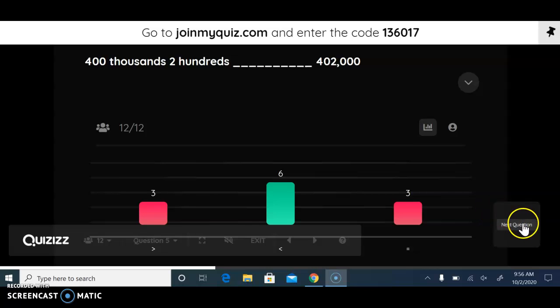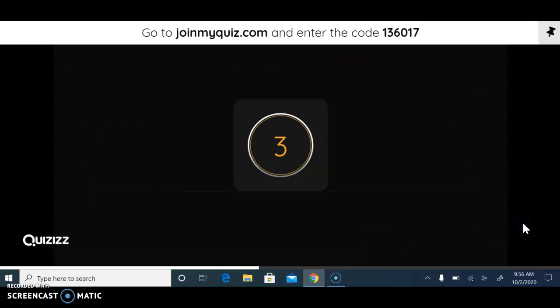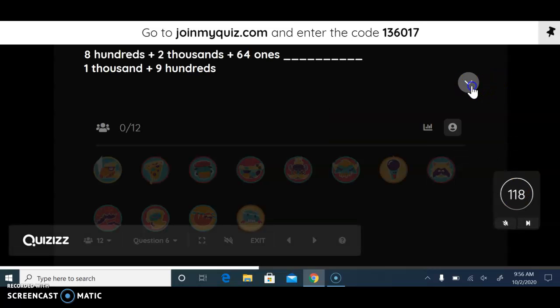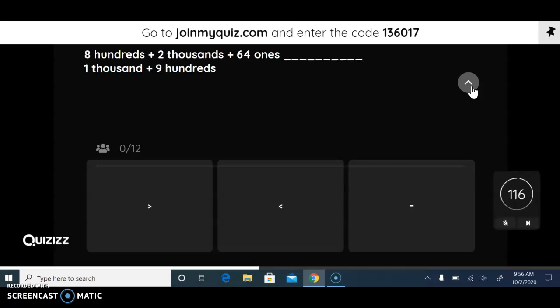All right, the next question. 800s plus 2,000s plus 64 ones is greater than, less than, or equal to 1,000 plus 900s. Think about the value of each of those.